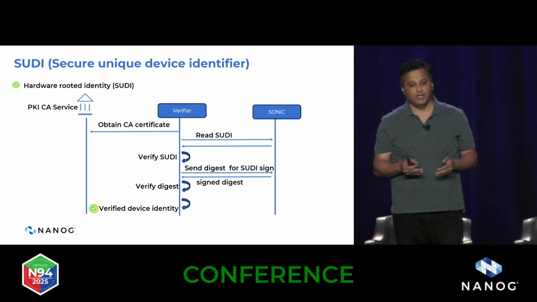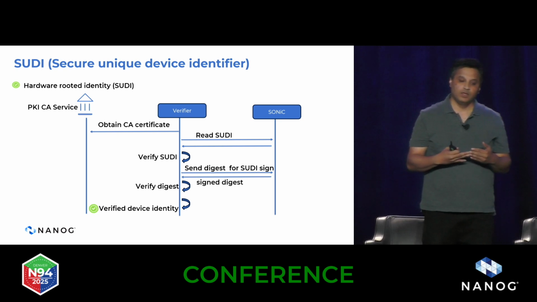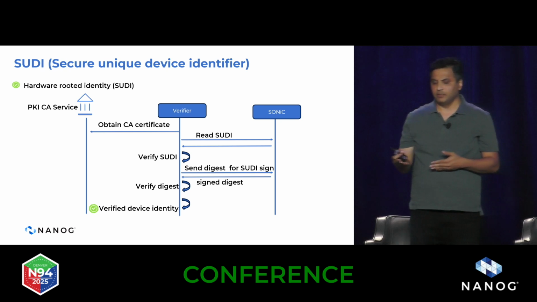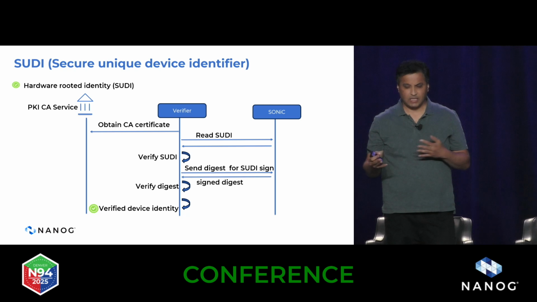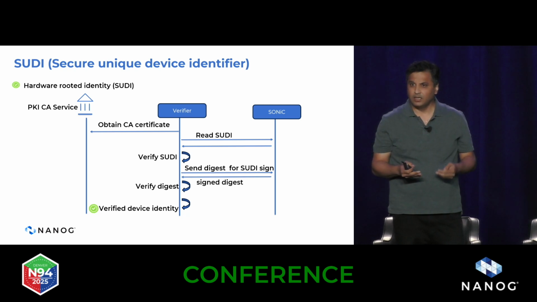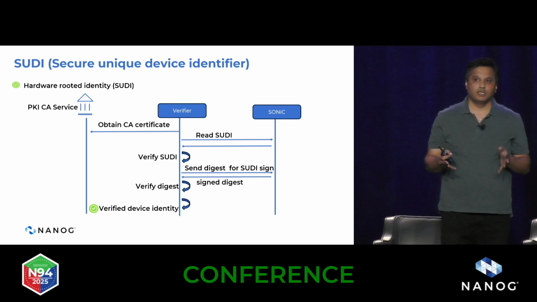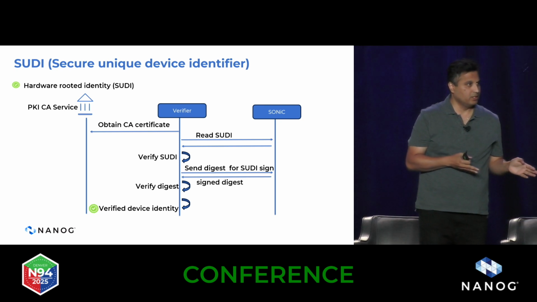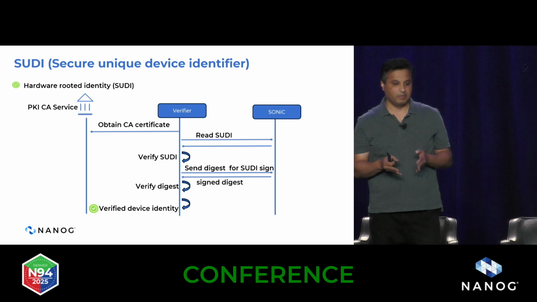The public key is enrolled in a certificate which contains the product identifier information, serial number, as well as many vendor details. This certificate is issued by Cisco public key infrastructure so that anybody can cryptographically verify the device identity.